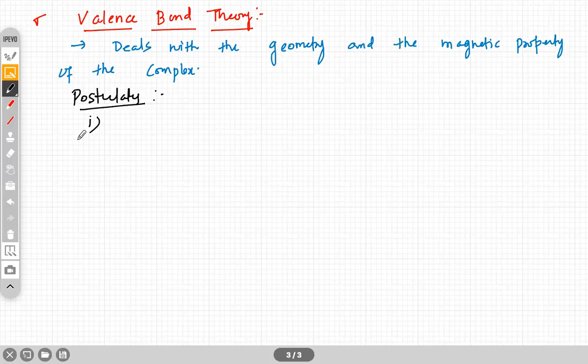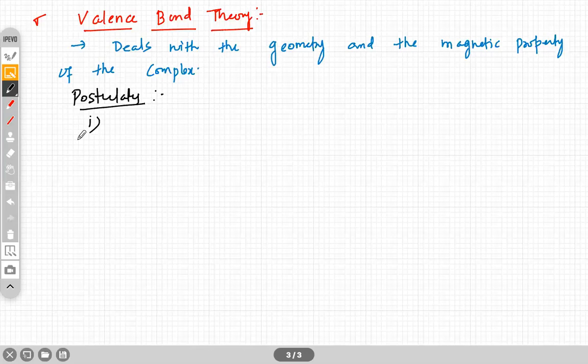These orbitals form hybrid orbitals together, and that thing is the same: the number of atomic orbitals that combine, an equal number of hybrid orbitals form.